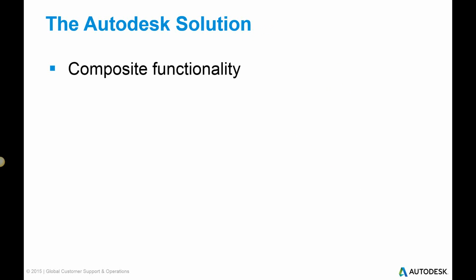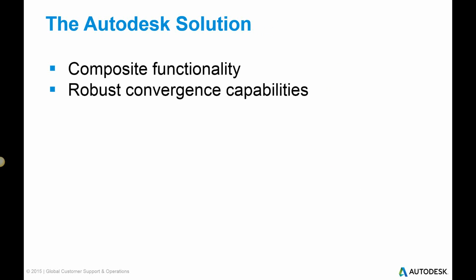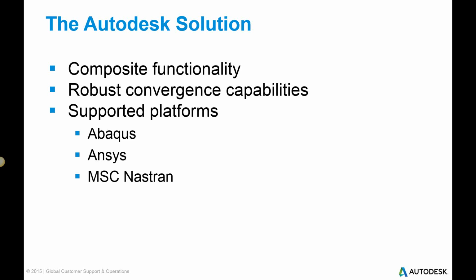This Autodesk tool provides a multi-scale progressive failure enhancement for facilitating a composite simulation within other finite element codes. This provides robust convergence capabilities that you may not have seen before. Some of the supported platforms are Abaqus, ANSYS, and MSC Nastran.